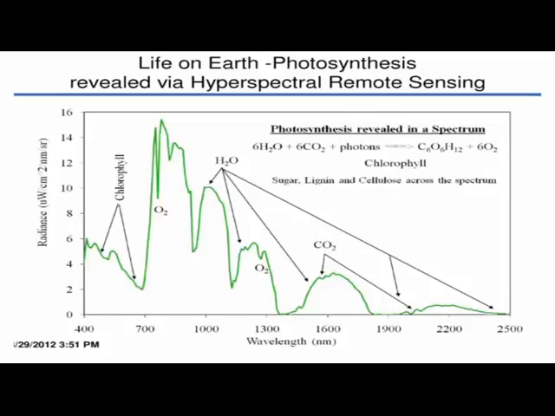Now, looking at hyperspectral applications with respect to photosynthesis, which is a process that decides life on the earth, you can see the basic equation of photosynthesis given here: water with carbon dioxide and light synthesizes carbohydrate and oxygen. This is the region which is governed by chlorophyll content.